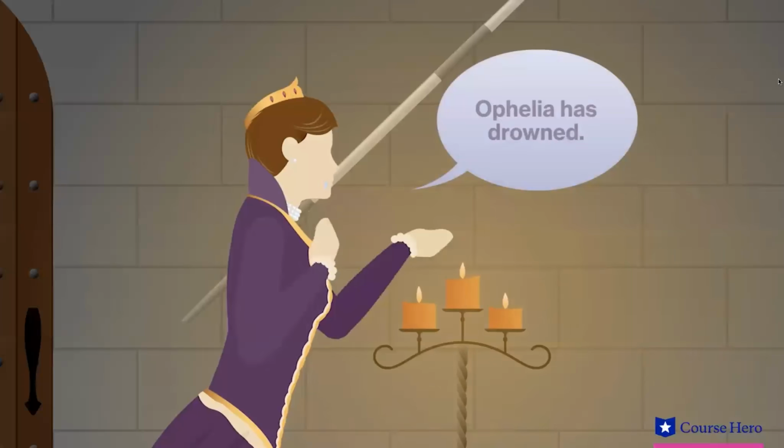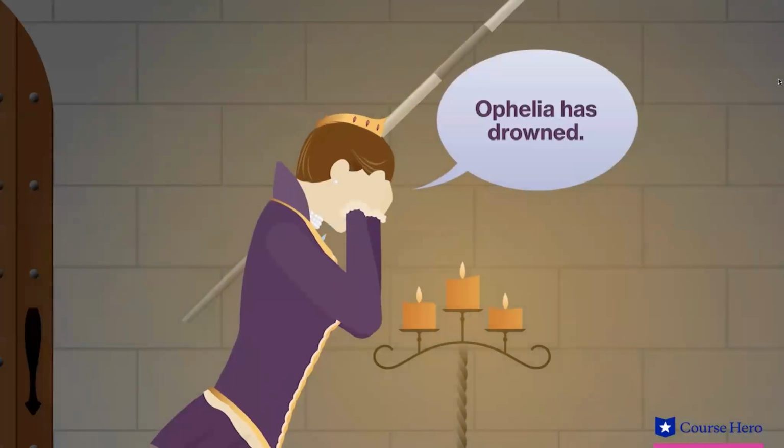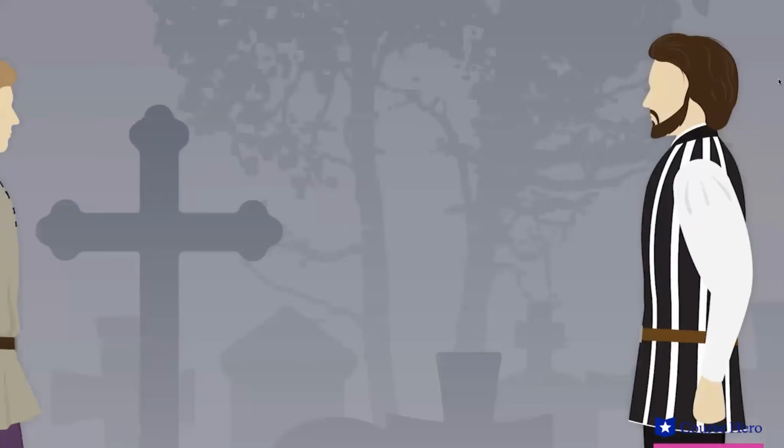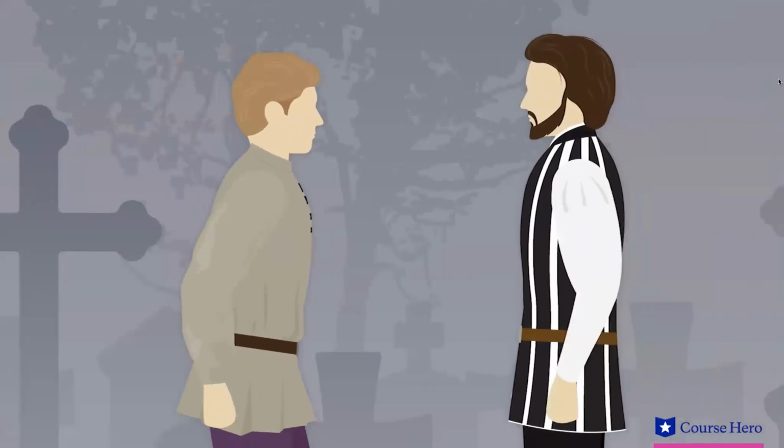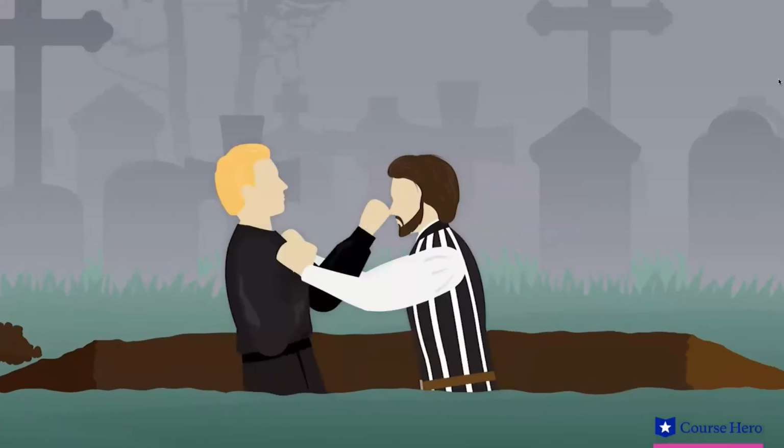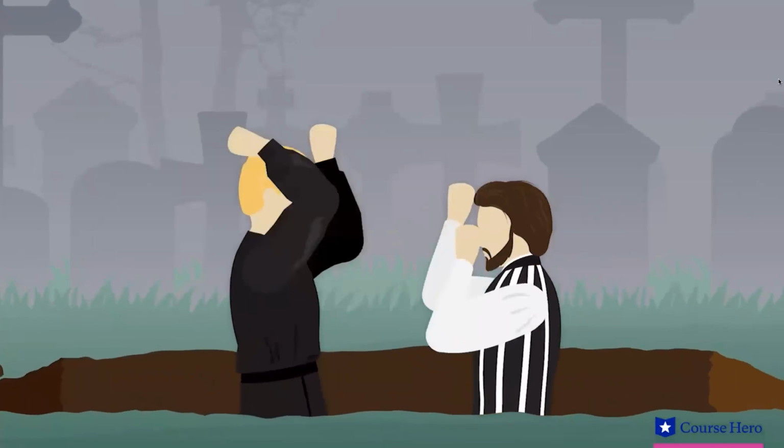Claudius, now paranoid, sends Hamlet to England with a death warrant. In the meantime, it is discovered that Ophelia has committed suicide. After being captured by pirates, Hamlet plots his way back to Denmark and has Horatio meet him there. When they get back, they witness Ophelia's funeral and Hamlet and Laertes scuffle.